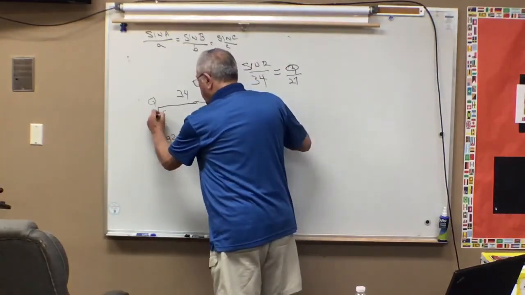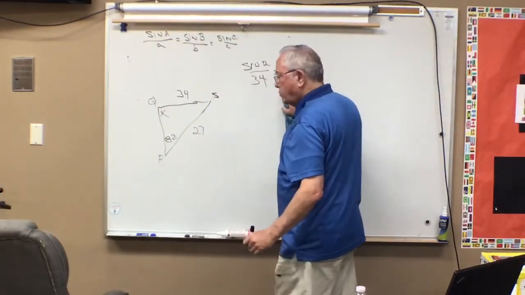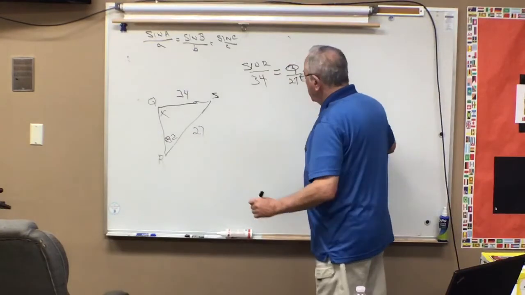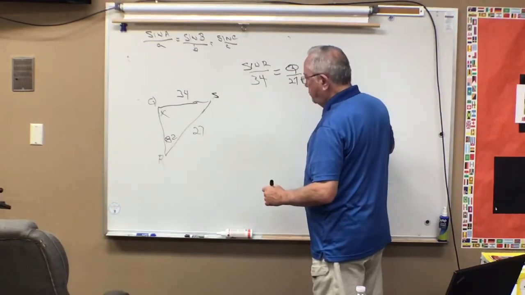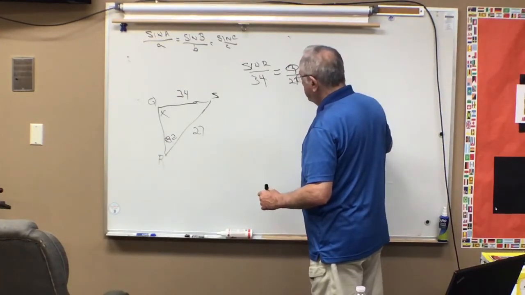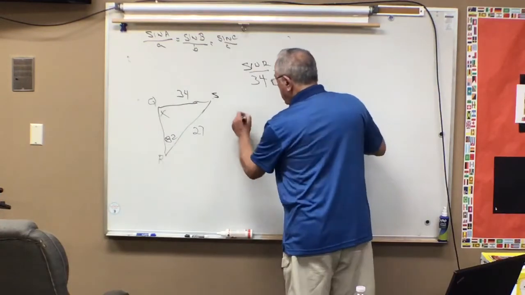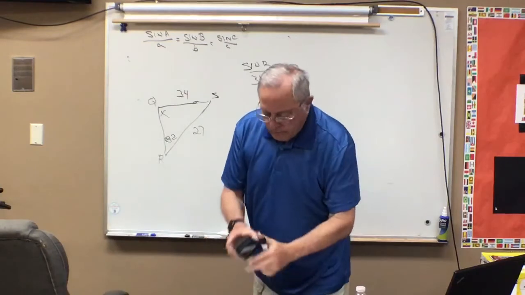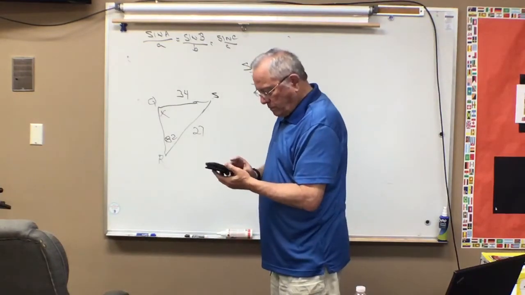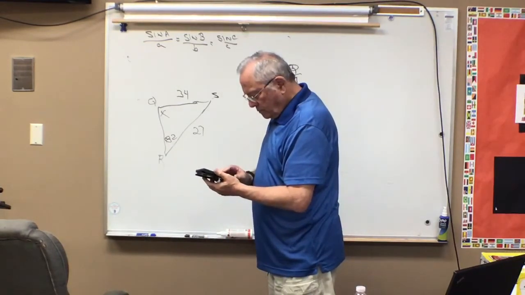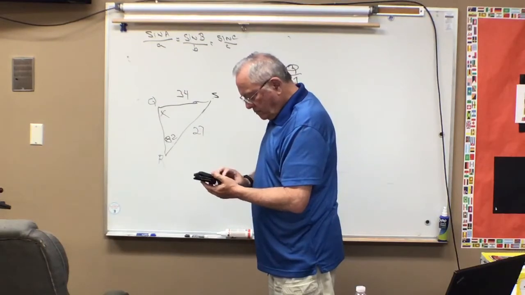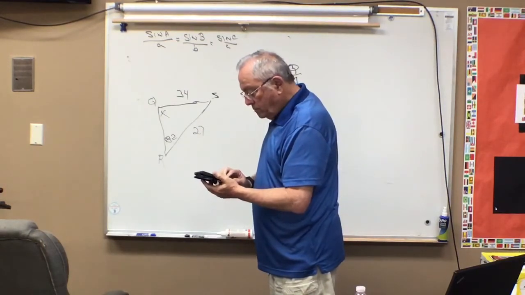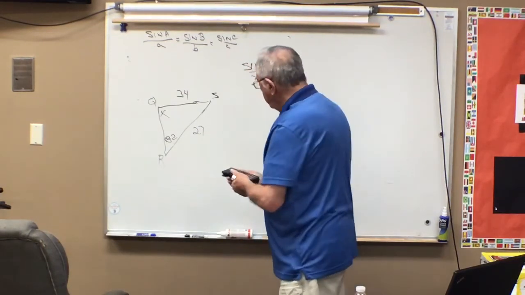So this is X. Now I just cross multiply, don't I? So now I need to find the sine of 82. Get your little calculators out. 0.99.